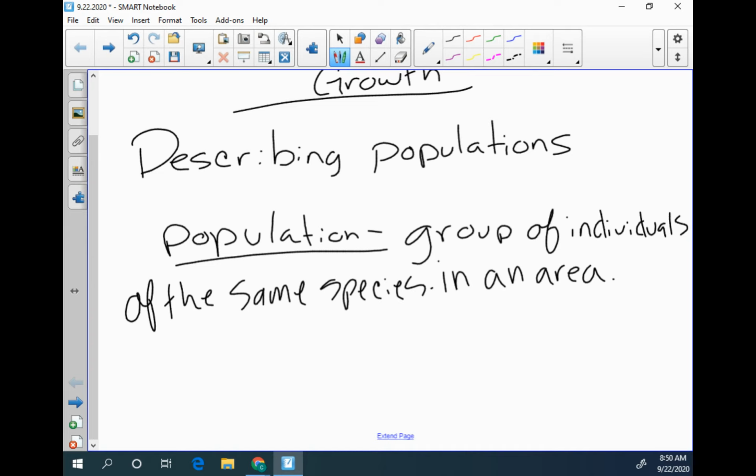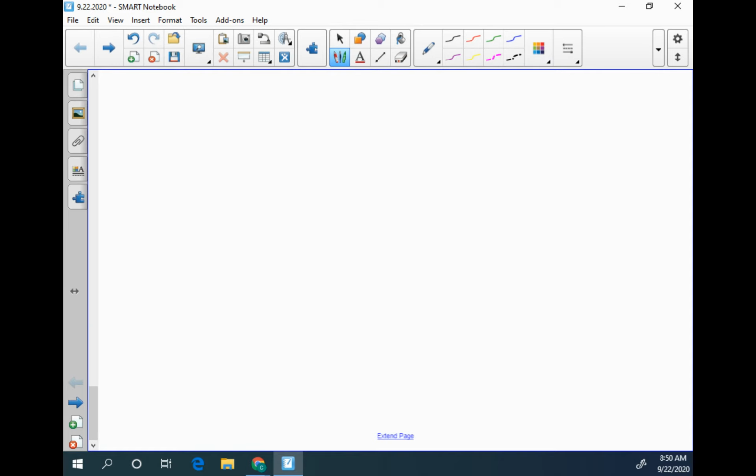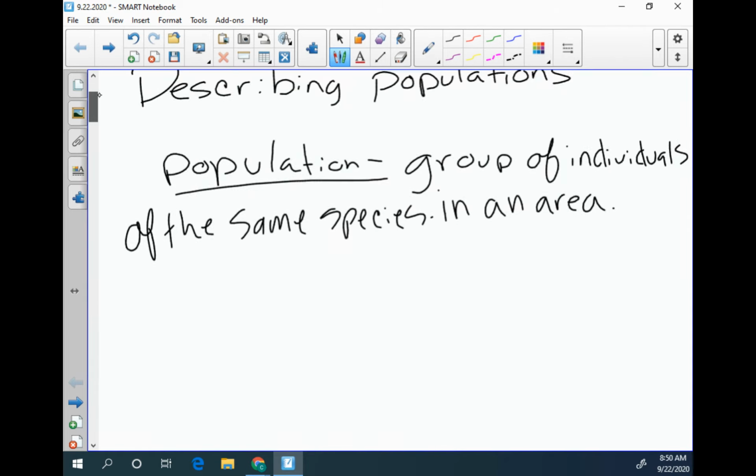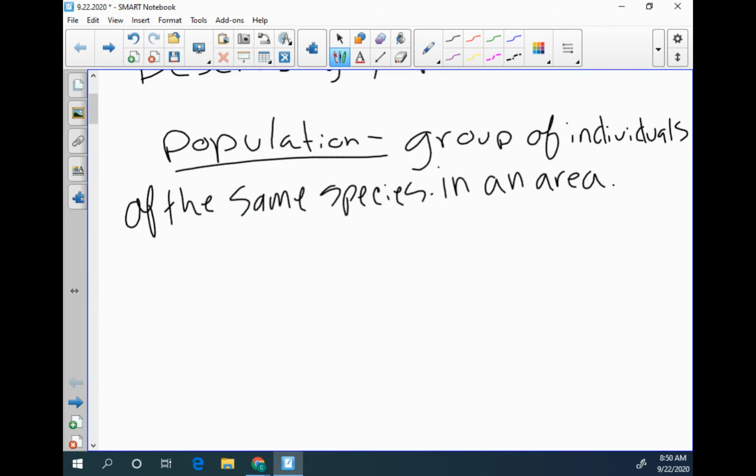A group of individuals of the same species in an area. If you remember, a species is just a group of individuals that live together and can interbreed and produce fertile offspring.